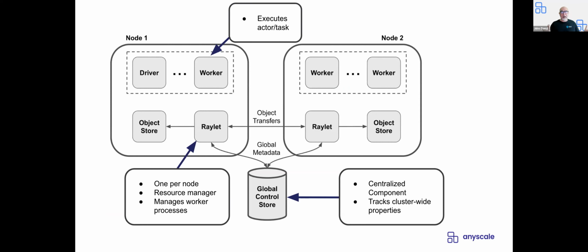All these are managed by the Raylet to schedule the task. The Raylets talk to each other and broadcast their available resources, so everybody knows who has the GPUs and who has the CPUs and what tasks are running there. So you can make an intelligent decision to say, okay, I'm going to schedule this task over there because the data that you need is there. So there's some sort of data locality.